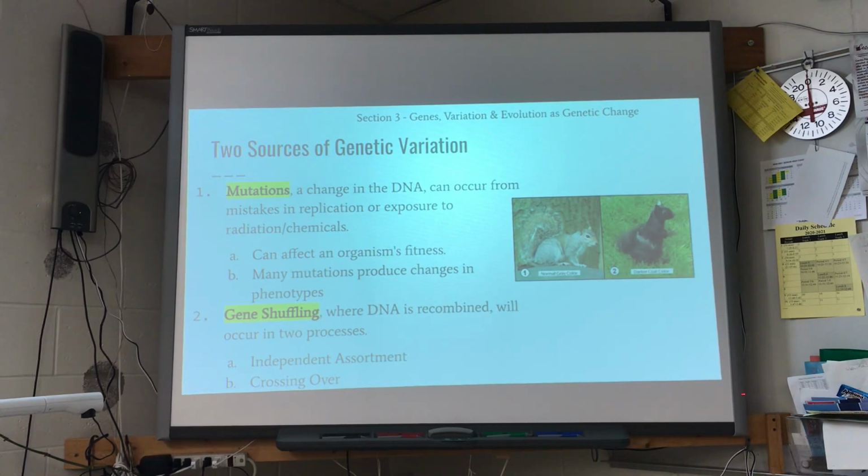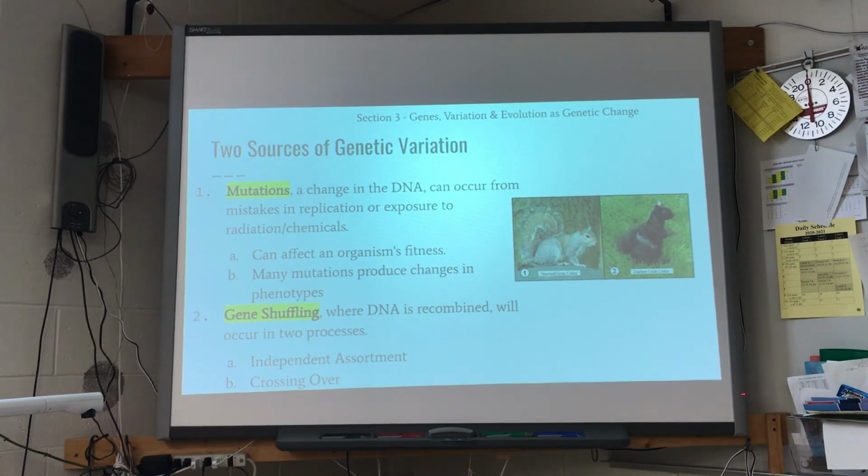You tend to find black squirrels in pockets. Like, in the Wausau, Weston area, we have a fair amount of black squirrels. I don't think I've seen one in my backyard for a while. I used to every now and then. But if you go to another part of the state, you might not see any.